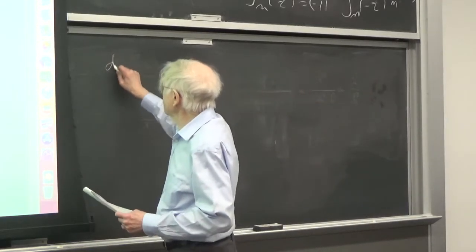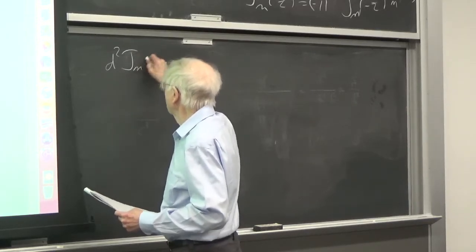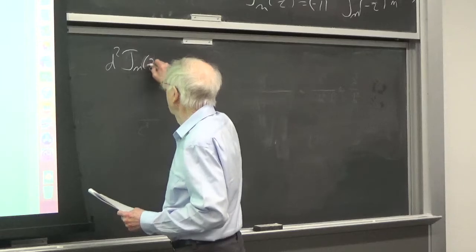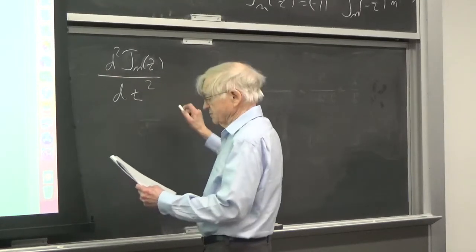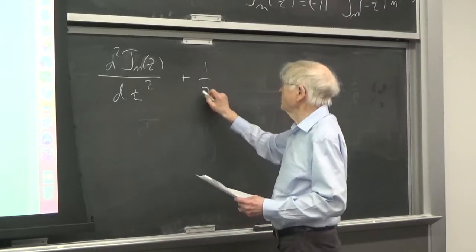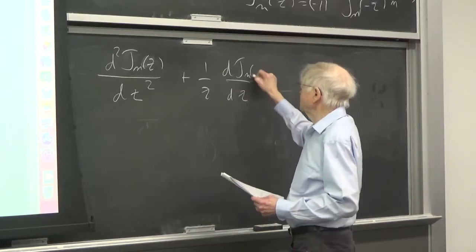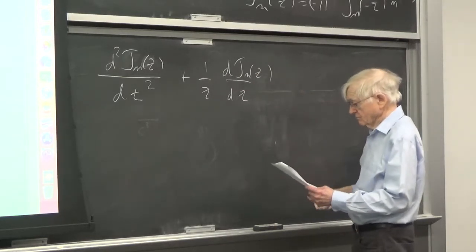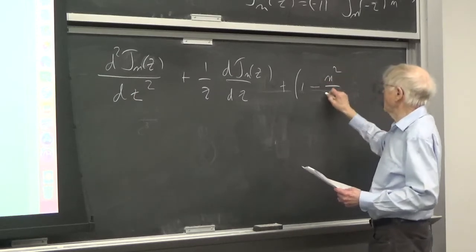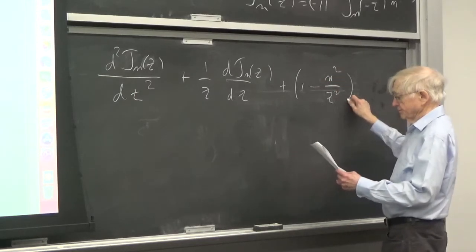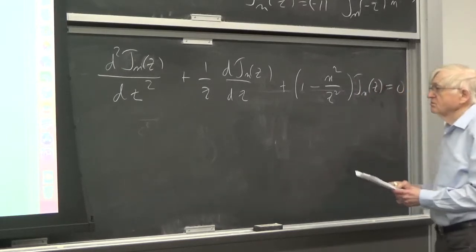Or just start with the original form of Bessel's equation. So that's the second derivative of Jn plus 1 over z dJn dz plus 1 minus n squared over z squared Jn of z is 0.